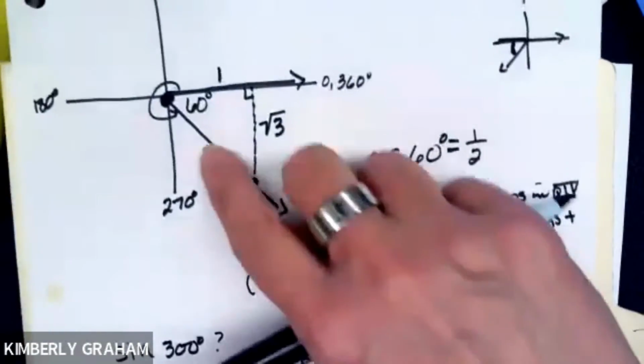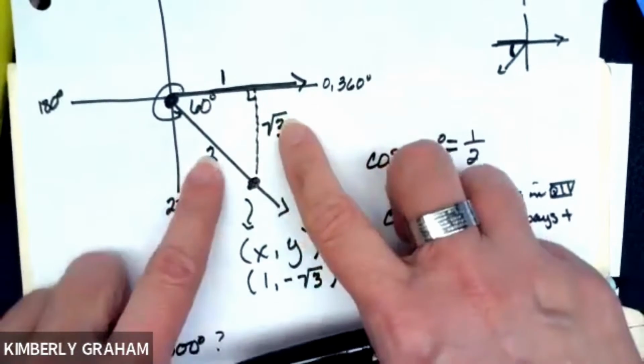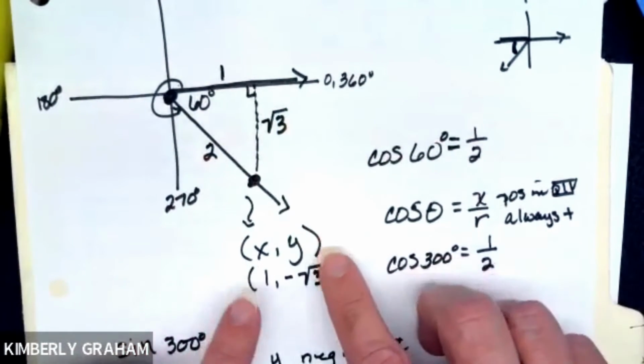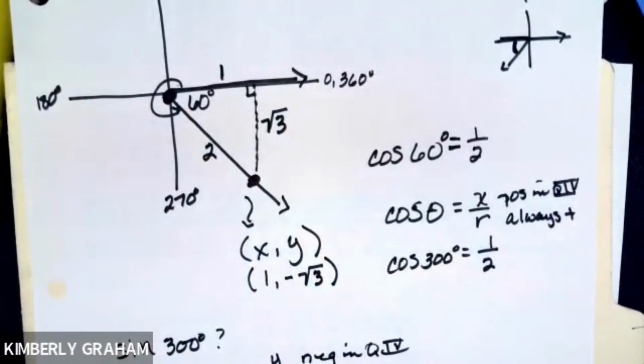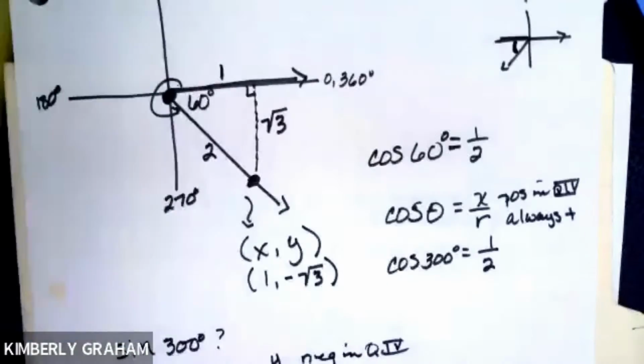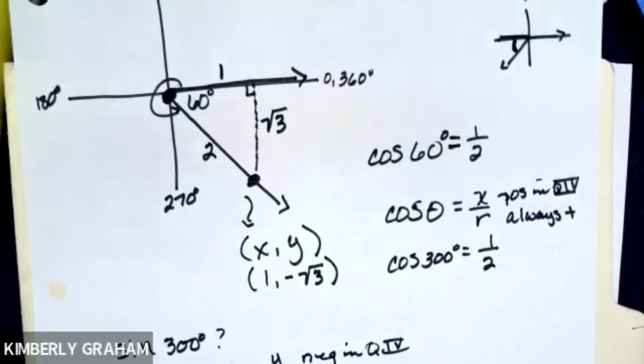I can fill in the sides of this triangle. I can then figure out what x and y are. And then I can go back to my definitions of x over r and y over r, or I can use my exact value chart to figure out what that sine or cosine or tangent is going to be. And then from there, figure out whether it's positive or negative.